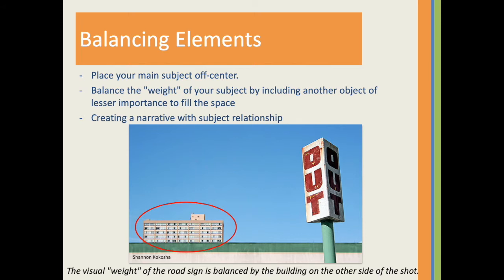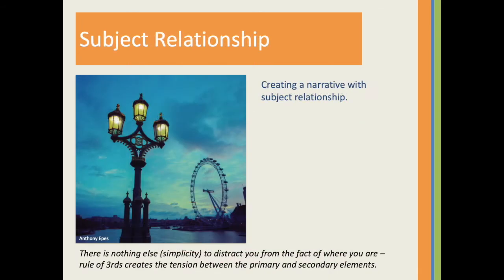So here, the visual weight of the road sign is balanced by the building on the other side of the shot. And also, it creates a narrative around the subject relationship, which takes me to my next slide about subject relationship.